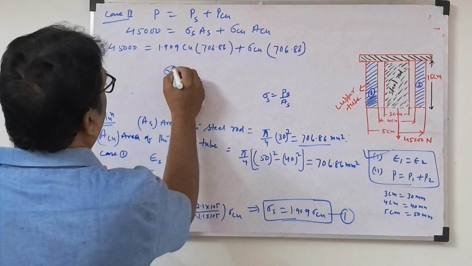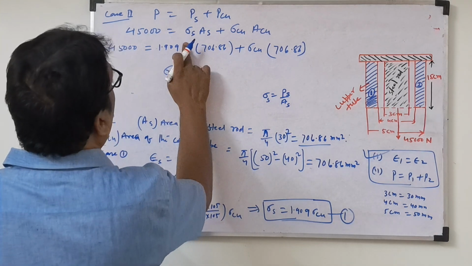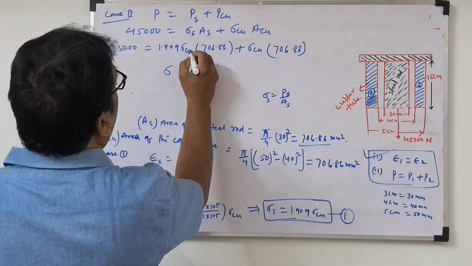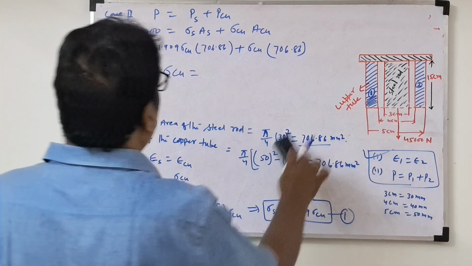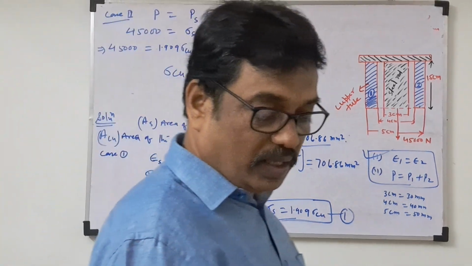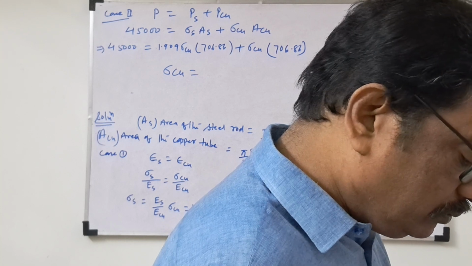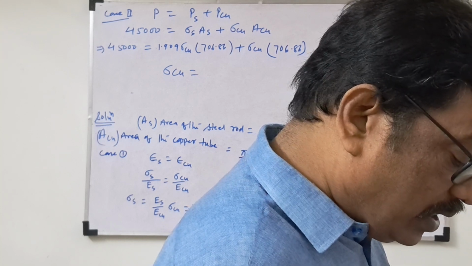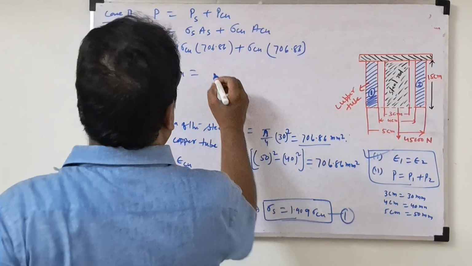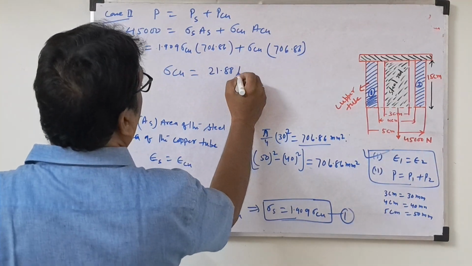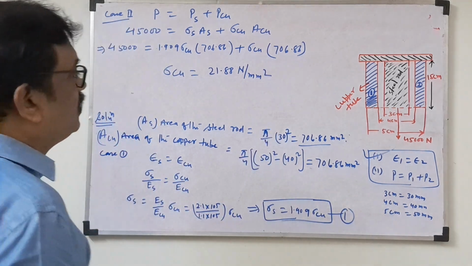So here what will we get? This will be sigma copper. So you will get sigma copper from this formula. If you substitute all these values, what will we get? 21.88 Newton per mm square. 21.88 Newton per mm square.